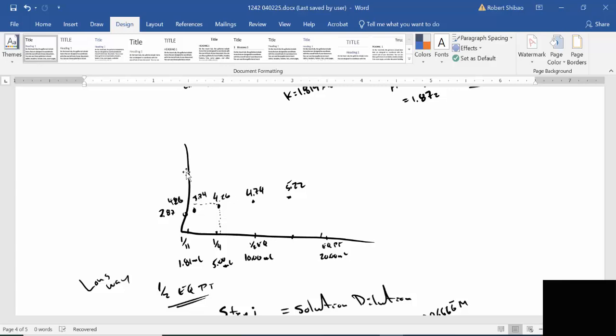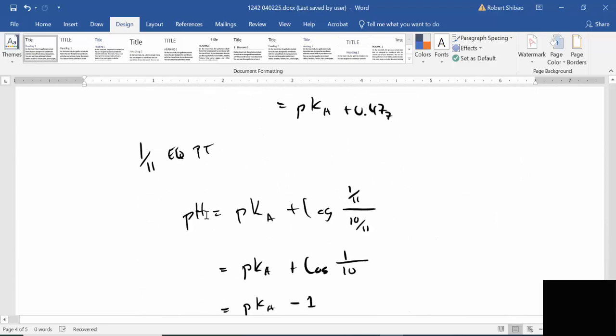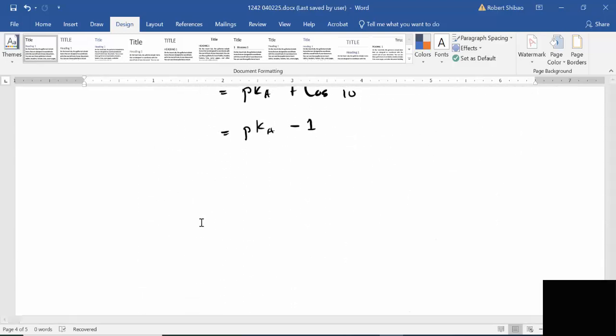And then I like to do the 10/11th equivalence point. At 10/11ths, what do you think it is? We just flip the ratio. At the 10/11ths, it's going to be 10 parts of base to 1 part of acid. Exactly. pKa plus the log of, okay, we converted 10/11ths of our acid into base.